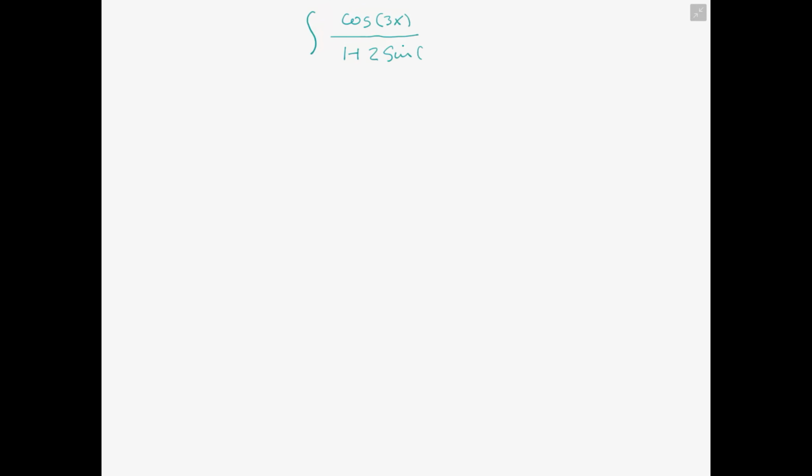So here we're given the integral of cosine 3x over 1 plus sine x plus 2 sine of 3x dx. So we're going to first substitute the argument in the trig functions.